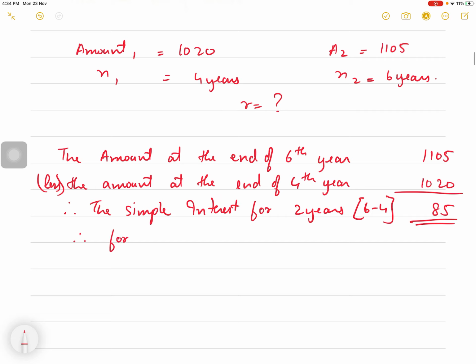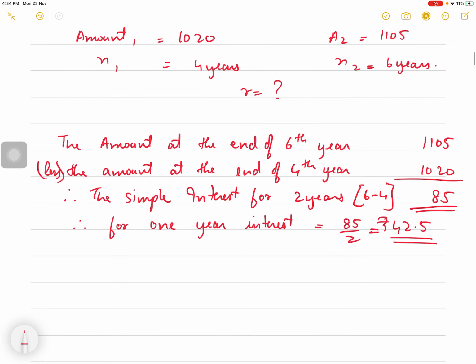Therefore, for 1 year, interest will be 85 divided by 2, which is 42.5. Correct? So interest for 1 year is 42.5 rupees.